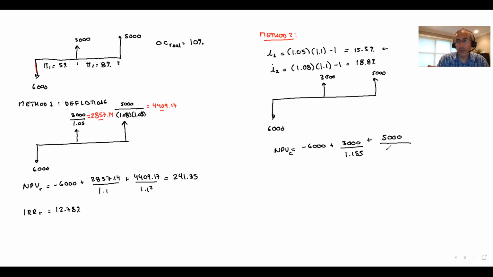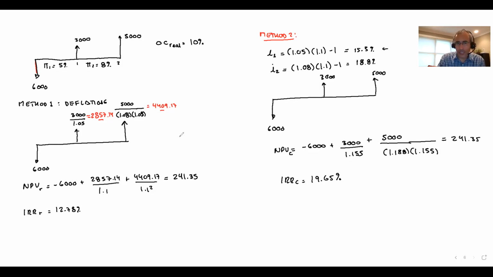So the first rate is going to be 1.155, and the second rate is going to be 1.188. And if you do this, guys, what you obtain again is 241.35. And the internal rate of return current, guys, is 19.65%.